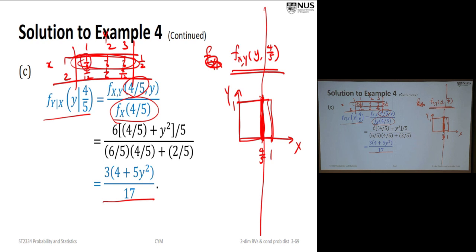So each one will be divided by 1/2 to make the sum of all these numbers equal to 1. The same applies here. This joint PDF, the PDF over this line, will not integrate to 1. So we have to divide it by the marginal of x at 0.8.